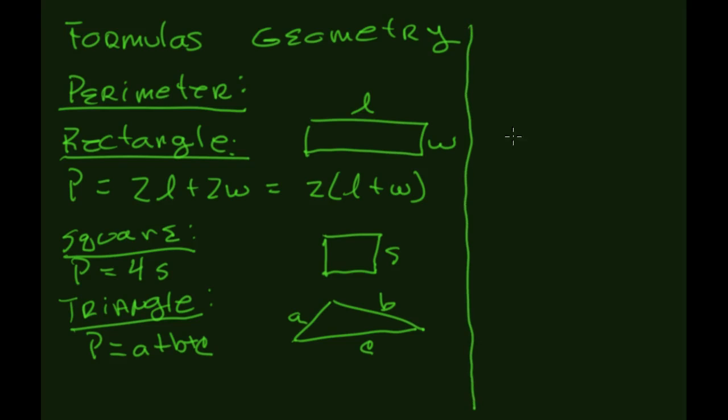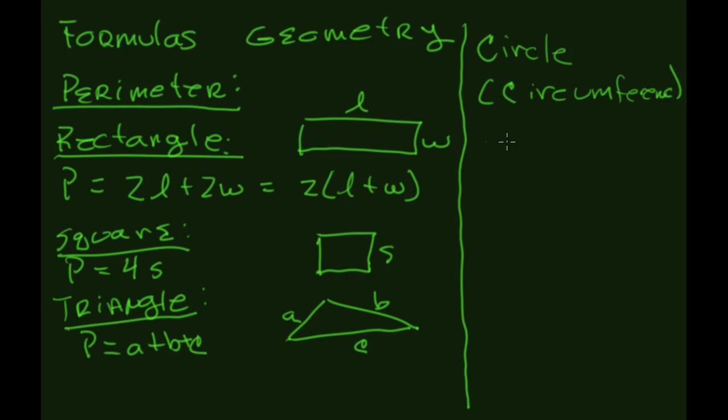And then we get a little special case down here with a circle. Now in a circle we don't call it a perimeter, we call it a circumference. And here you can either imagine the circle having a diameter d or a radius r, right? And the circumference will either be equal to 2 pi r, or another way of saying this is it's pi d.